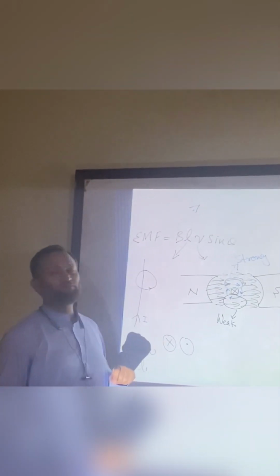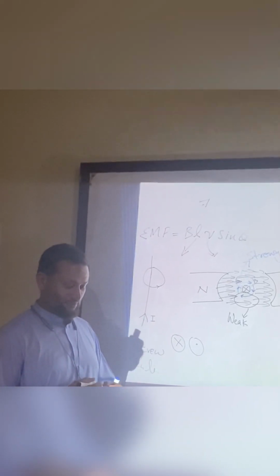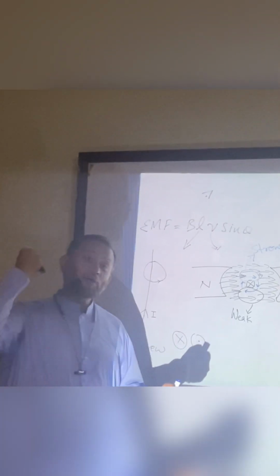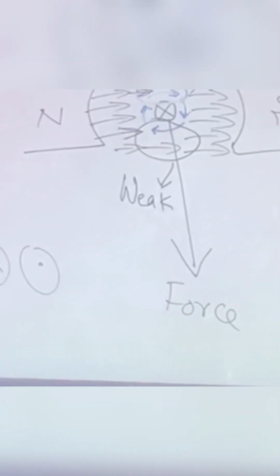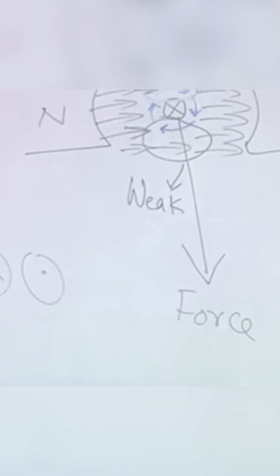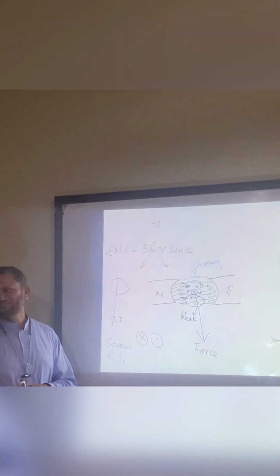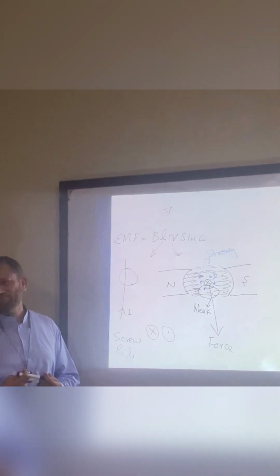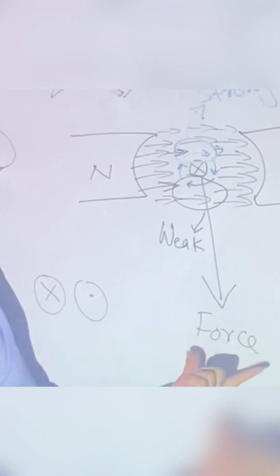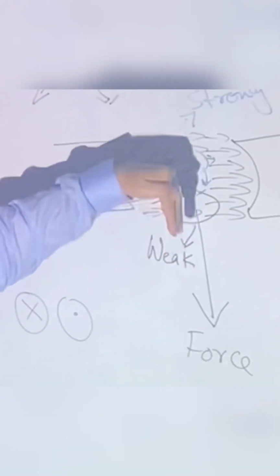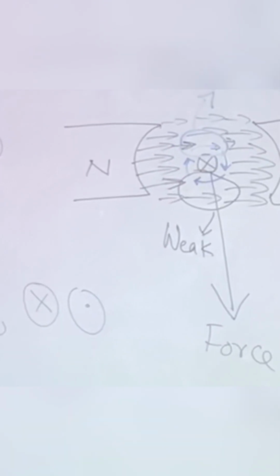Now what will be happening over here? The force will be exerted on this conductor in the direction of the weak side, not towards the strong side. So the force will be exerted in the direction of the weak side of that conductor.